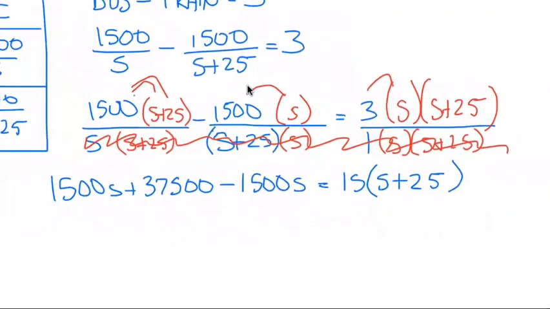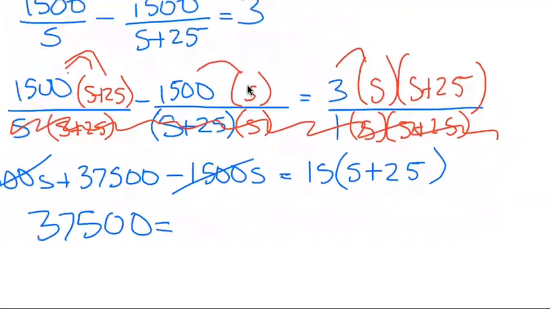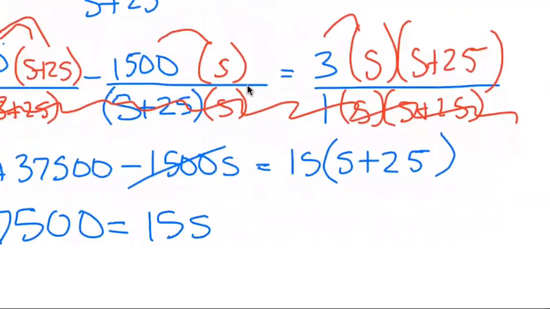Simplifying the left-hand side, the 1500S will cancel. That just leaves me 37,500 is equal to 15S plus 25 times 15. Well, that's not a 5, that's an S. Oops, back up.